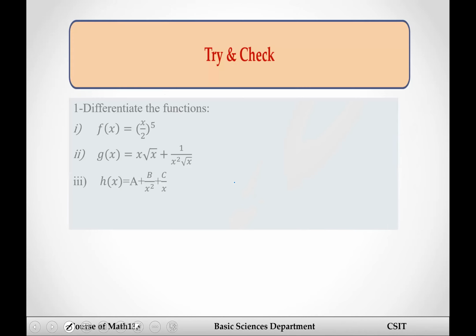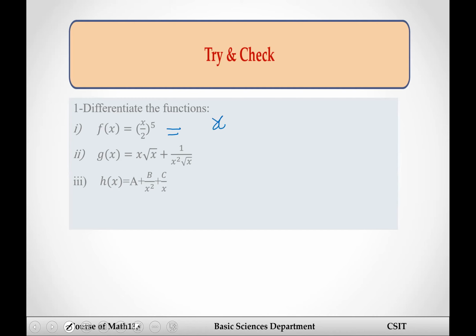Okay, you have this try and check: differentiate the following functions. So we have this first function. It's sometimes better to write it in a simple form, so that you don't make mistakes with the function. Depending on the formulas that we have, we will use the power formula.